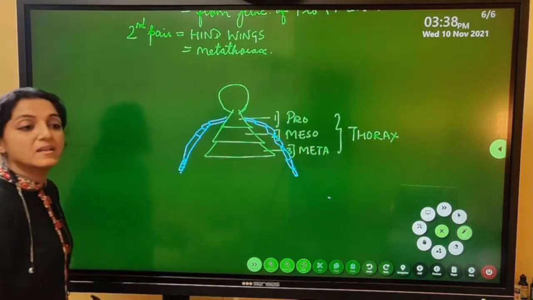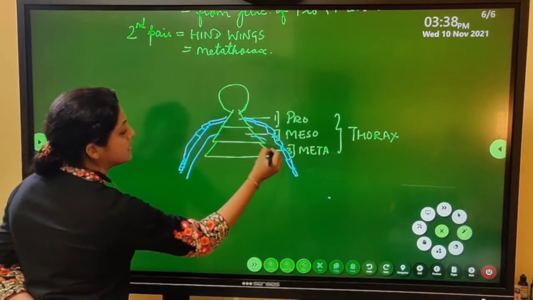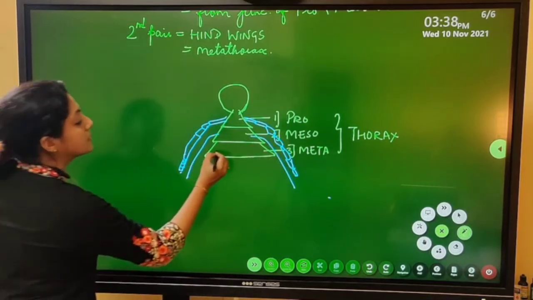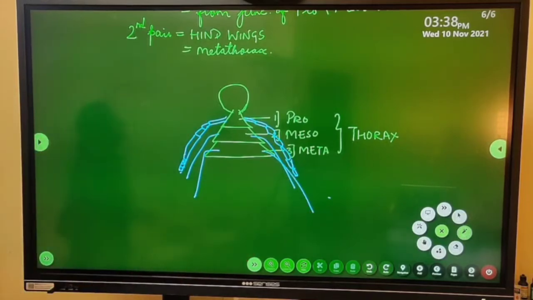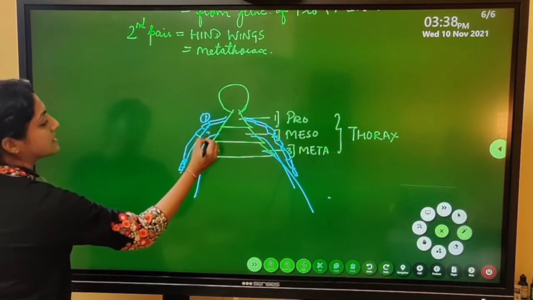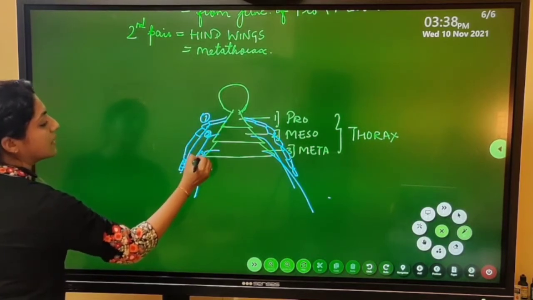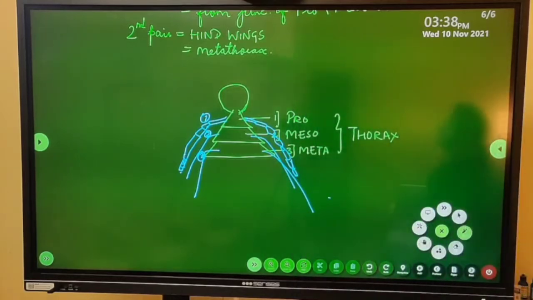One pair from the prothorax, one pair from the mesothorax, and the third pair from the metathorax. There will be three pairs of legs, each pair from one segment.